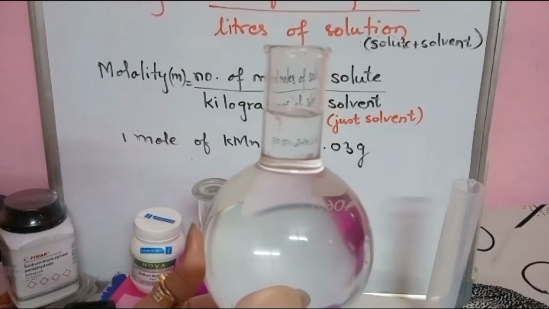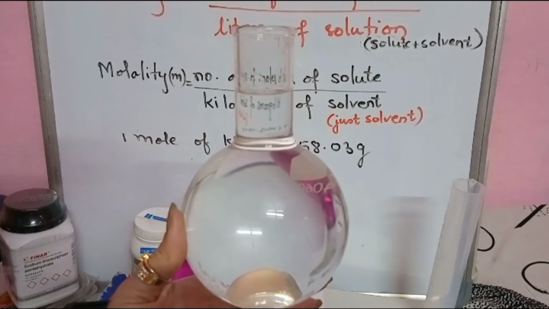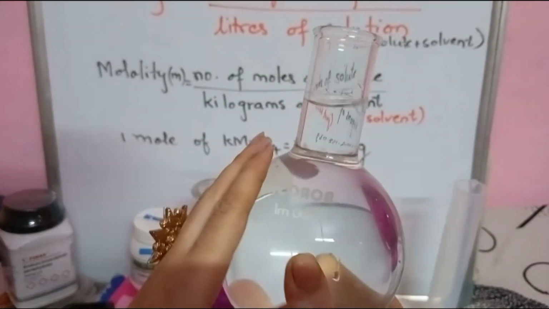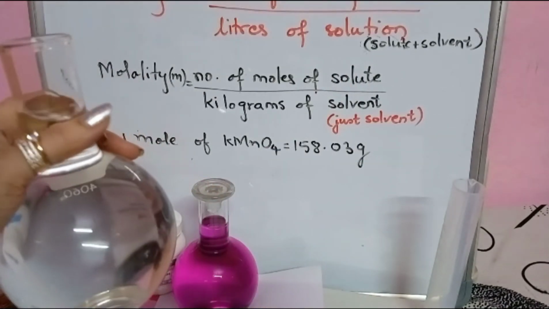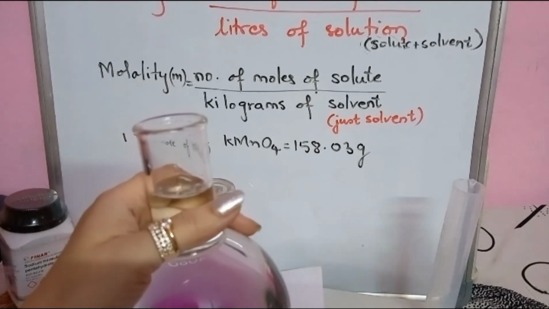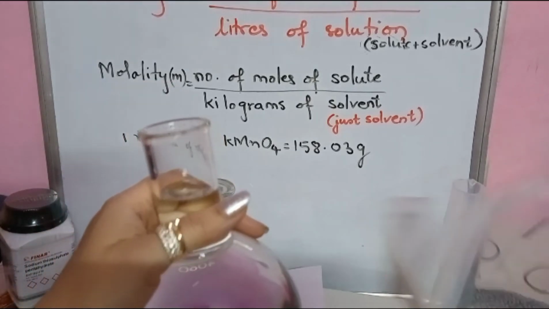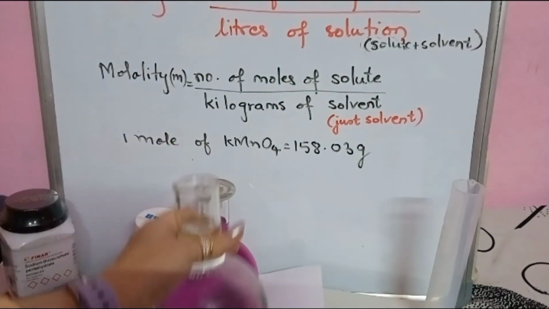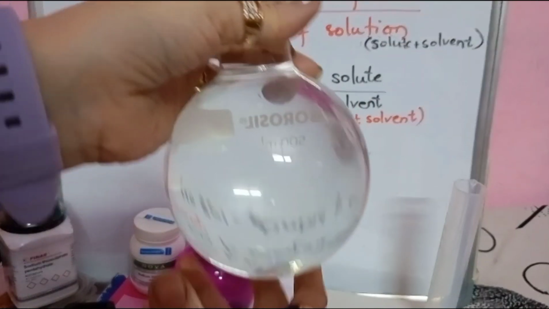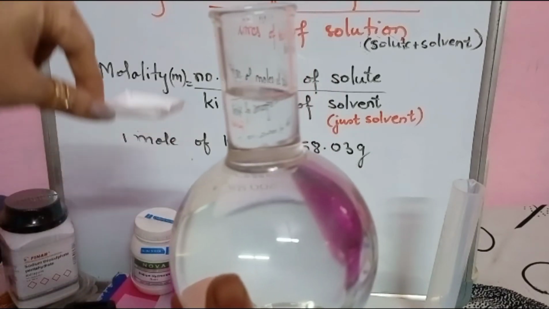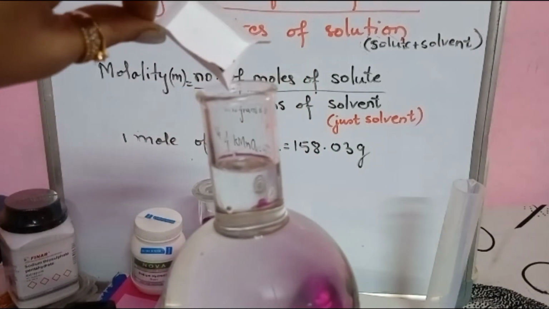Now here I have measured 1 kilogram of water. Either you can take a volumetric flask, or you can measure it directly in a beaker. Here I have taken a flask. Now I'll take this KMnO₄ and add it to this water.